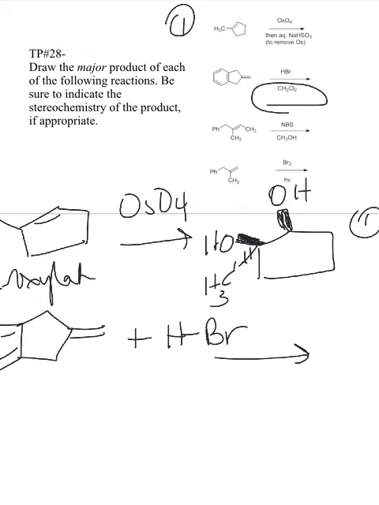So here the alkene takes a proton, and you remember this is Markovnikov's rule. So basically, where's your proton going to go? Is it going to go to this carbon, or is it going to go to this carbon?